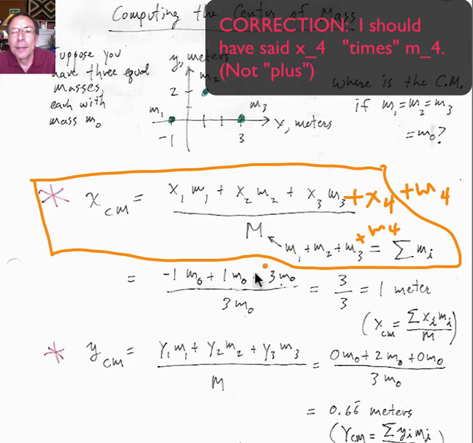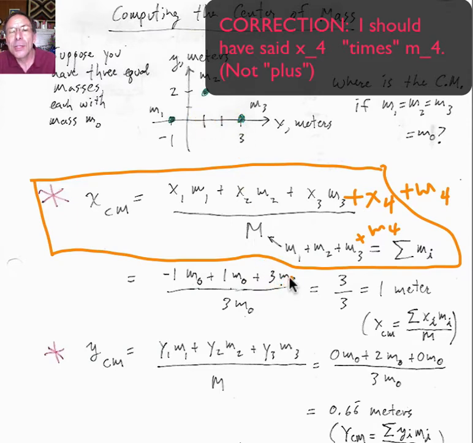Now, using our example, x1 for mass 1, it's at -1 meter. So you see I'm going to put -1. Now mass 1, I said, for simplicity, is equal to m0, that many kilograms, whatever that is. Mass 2, its x location is 1 meter. So I put 1 times its mass, m0. And mass 3 is 1, 2, 3 meters over.